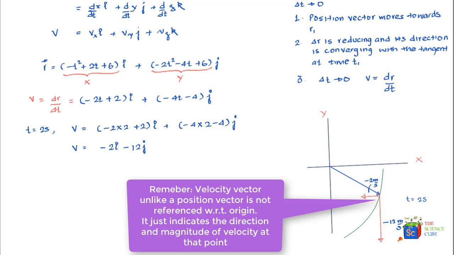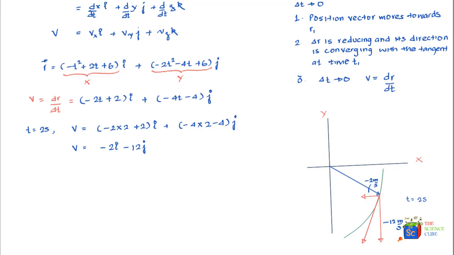So you would see that the resultant velocity of this would be something like this. If you use the parallelogram method, it would be something like this. And you would see that this is almost like a tangent to this point.